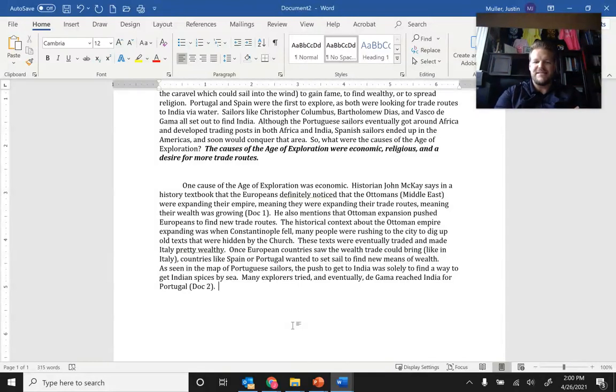That's why they wanted to get to sea. But you know what? I already used the historical context. I really want one per paragraph. So I don't really need one for this one, right? And I don't really need to explain the doc. It kind of explains itself.